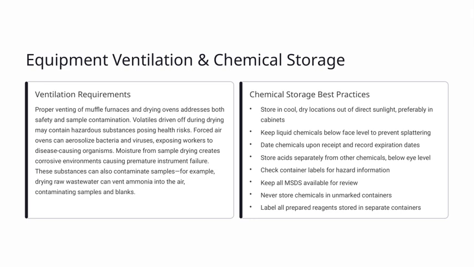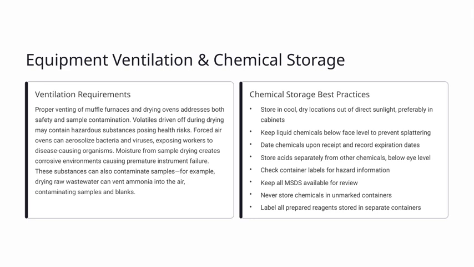Always check the labels for hazard information before handling any chemicals. Keep MSDS sheets accessible so you can review safety information when needed. Never store chemicals in unmarked containers. Label everything clearly. And if you prepare reagents in separate containers, make sure those are labeled properly as well.